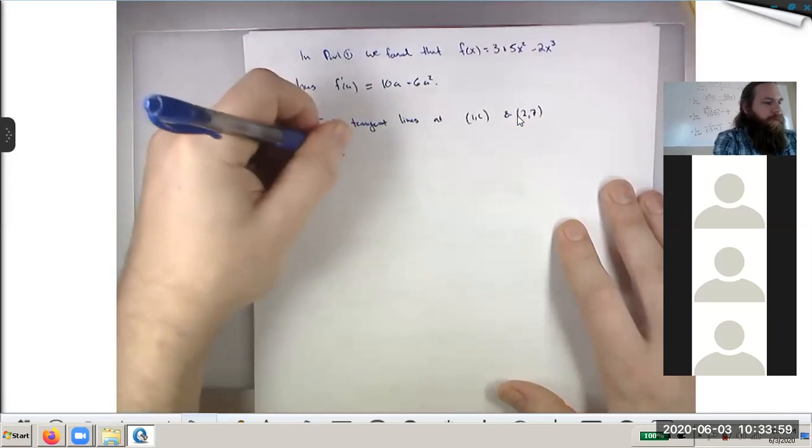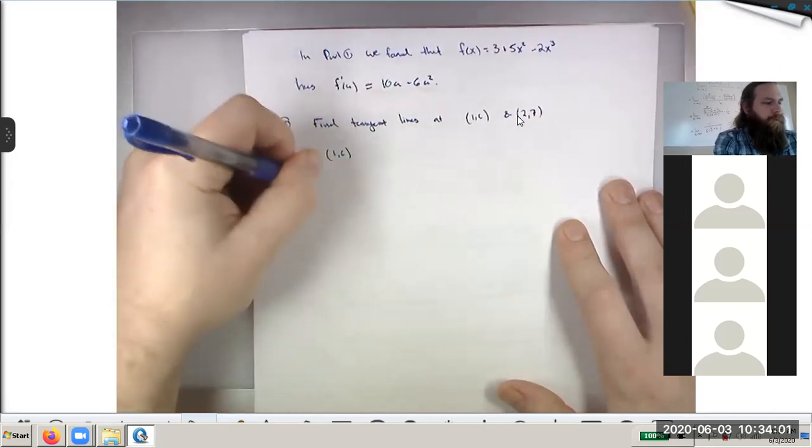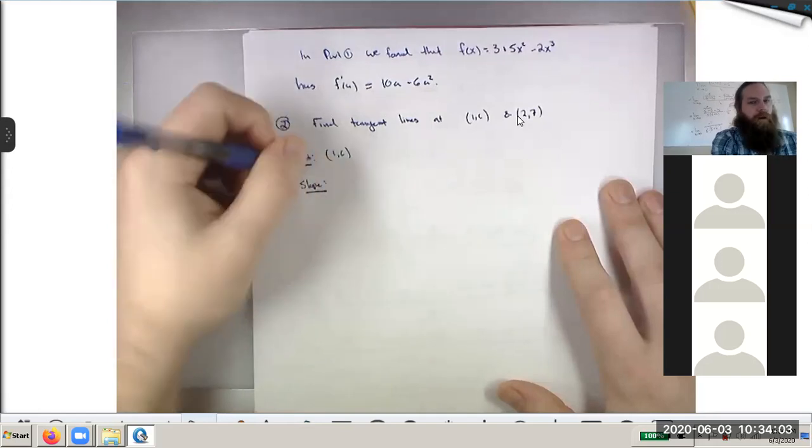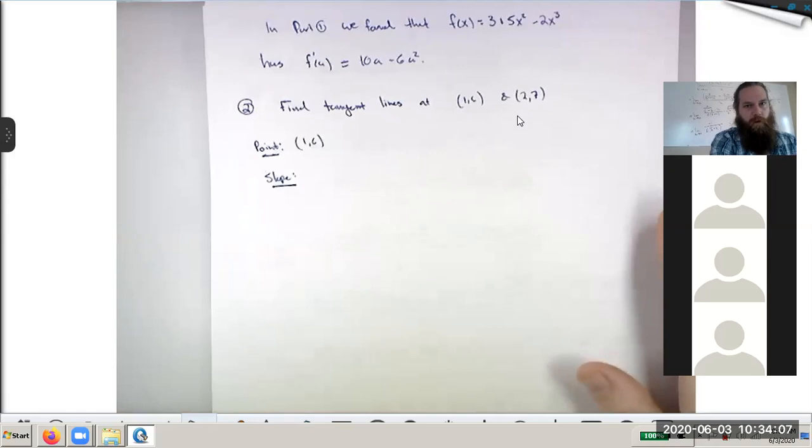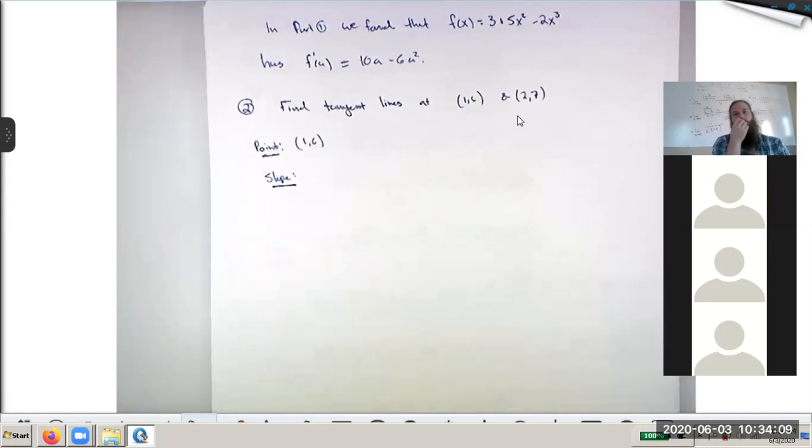So the first point, 1, 6, we have slope. How do I get the slope of my tangent line from what I have already done without doing a fresh calculation? Y minus y1 equals m times x minus x1. That's what I'll use to write down the equation once I have the slope, but I need to know what m is first.